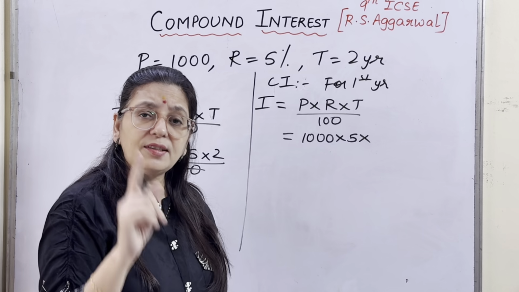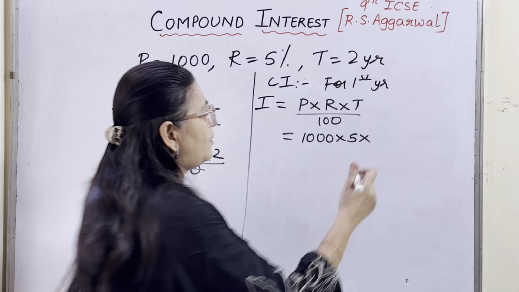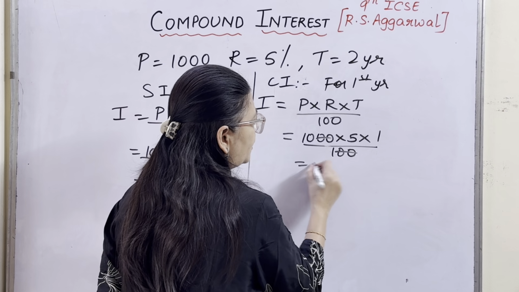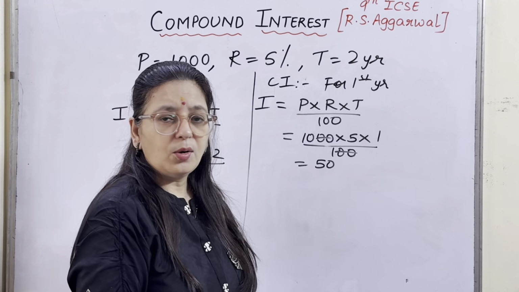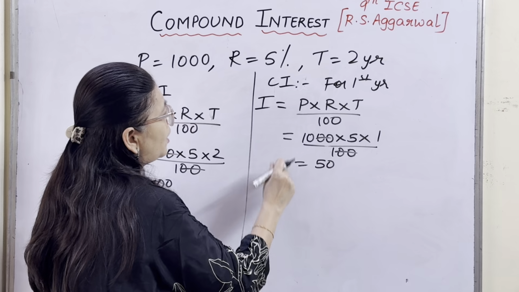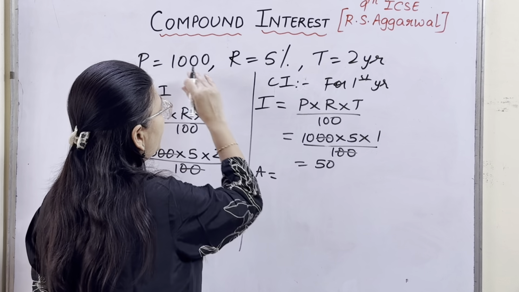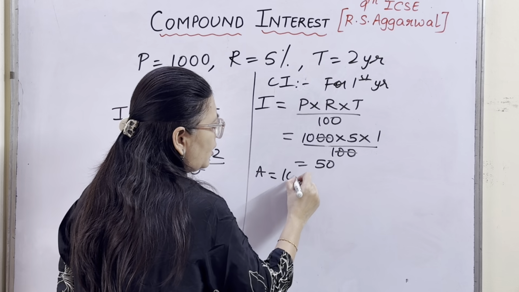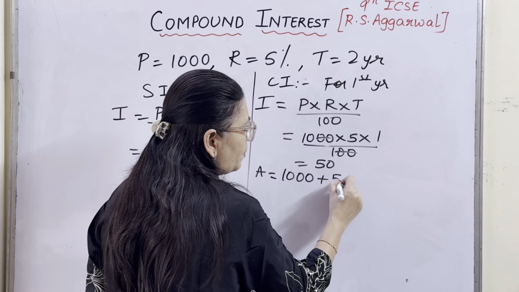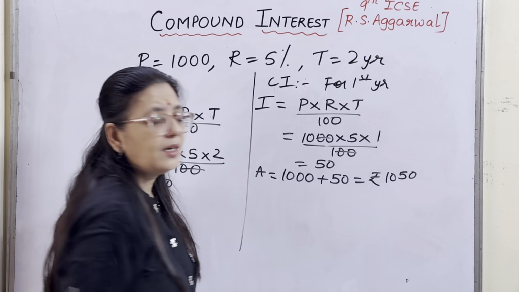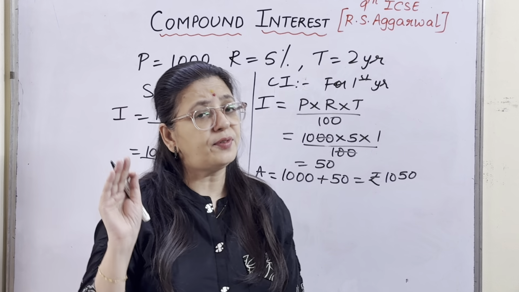Since we are calculating on a yearly basis, I will take time as 1 year, upon 100, which is 50 rupees. So this is the interest and the principal is 1000. So what is the amount for the first year? It is principal plus interest, which is 1000 rupees plus 50 rupees, which is 1050 rupees. This is the amount for the first year.